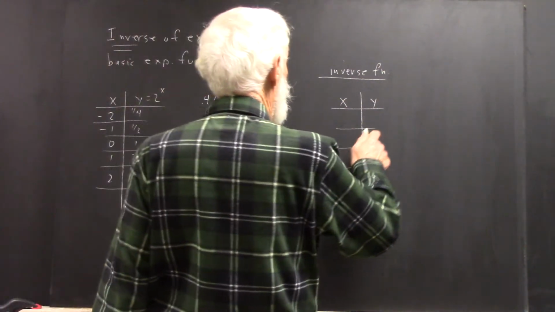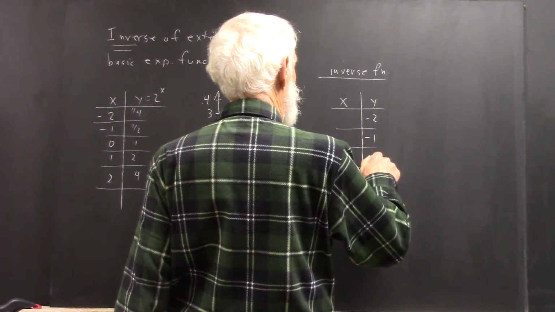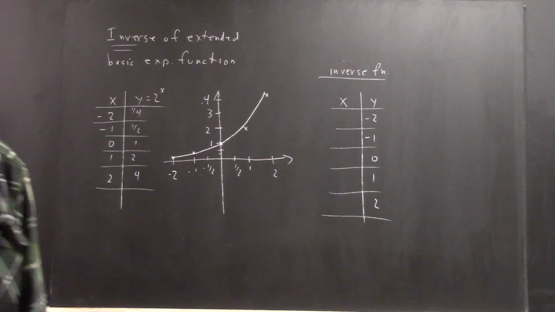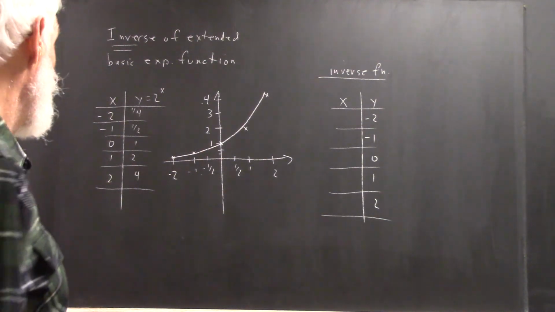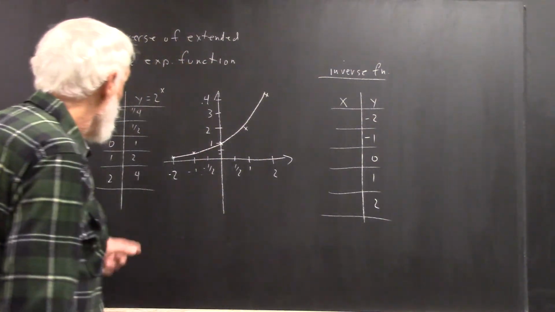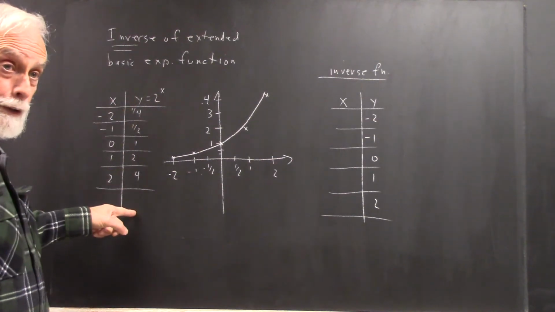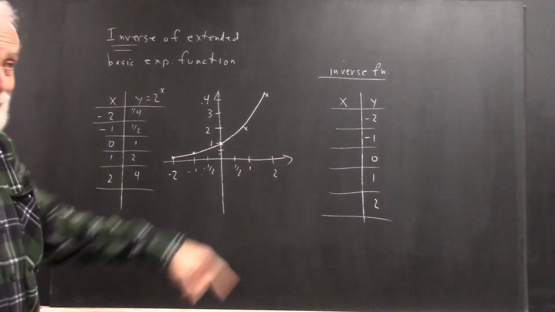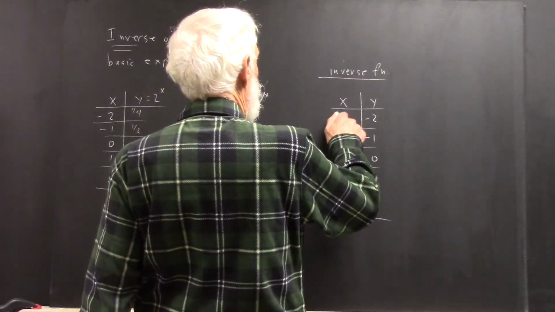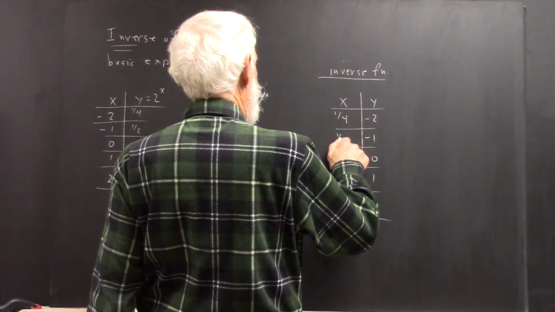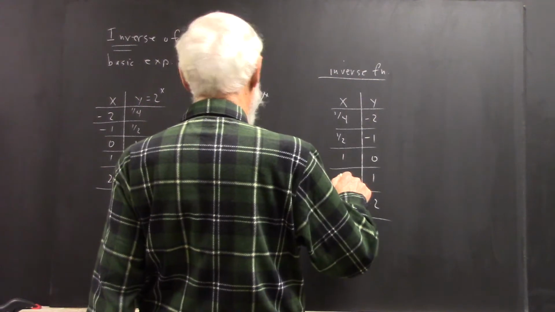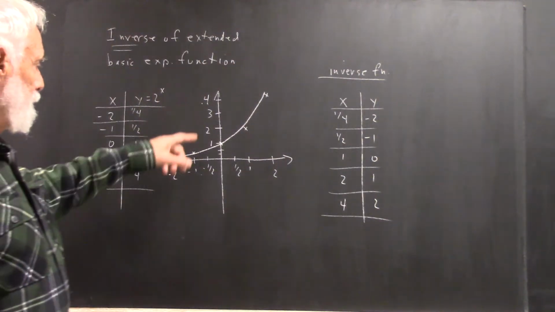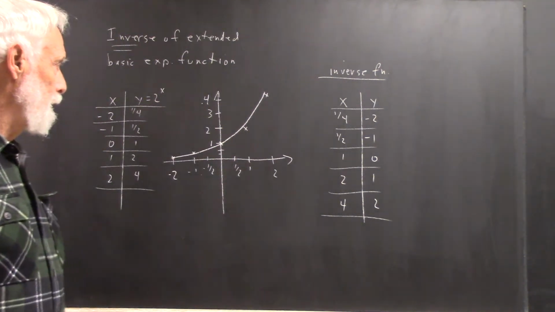So these are going to be our y values, negative 2, negative 1, 0, 1, 2. And then, where do you think the numbers in the y column here are going to go? The x column over there. So we're going to have 1/4, 1/2, 1, 2, 4.